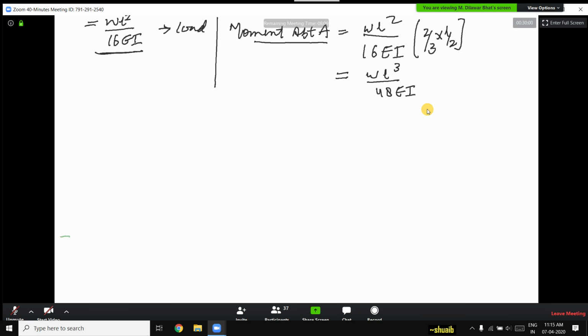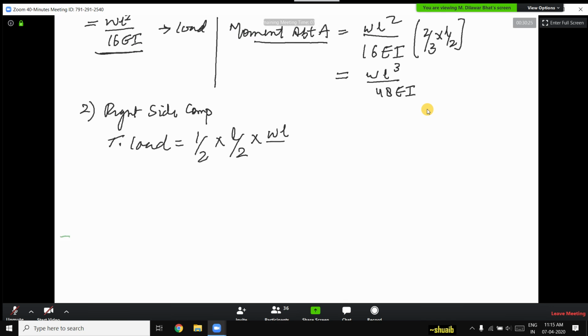Now, if you will see what happens to the right side component, we have total load how much? Again, the same, half of base, which is L by 2, into WL by 4, that is the height, multiplied by 1 by 2EI.